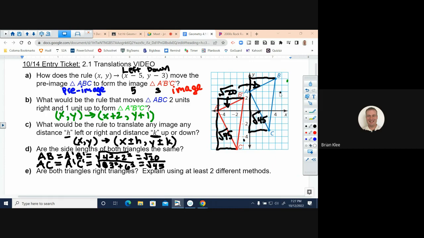So is BC the same on both? And we should see, B's up there at 6. The drop down to -3 is 9 and 1. Do we get the same thing for B prime, C prime? My bad, that's 5.